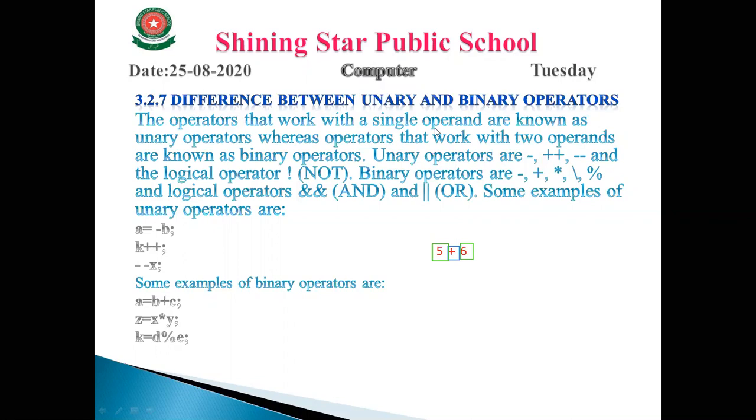Now, if you understand the operator and operands, you can easily understand what unary and binary operators are. So unary operators are those types of operators which we apply on a single operand. It means we don't apply the operator on two operands like 5 and 6; we apply it on a single operand.